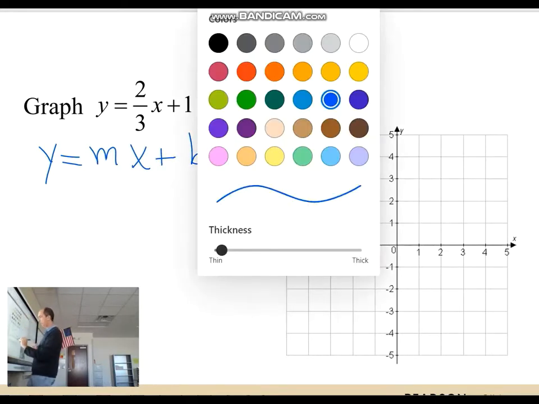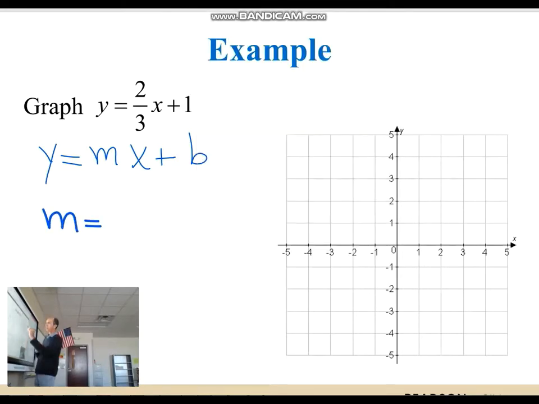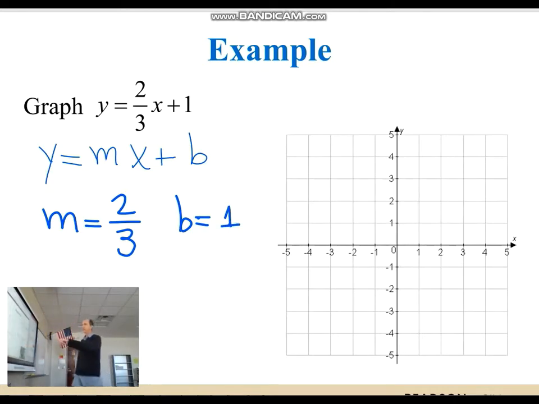Yes. And m is the slope, which is 2 over 3. And the y-intercept is b. b equals 1. First thing we find on the graph is the y-intercept, y equals 1. And from this point, we're going to move, you remember that the slope is rise over run.